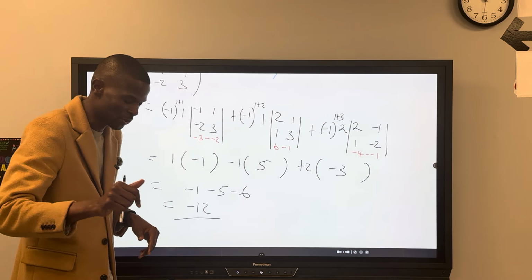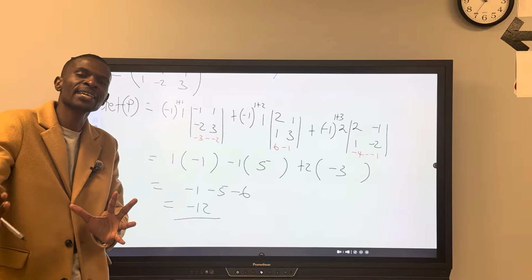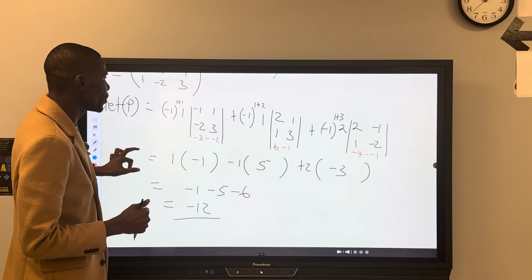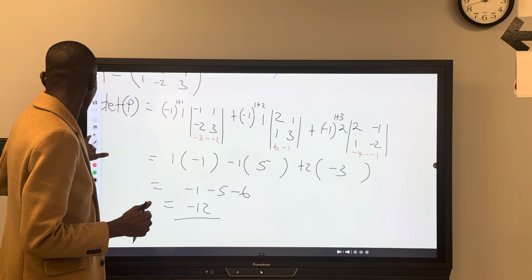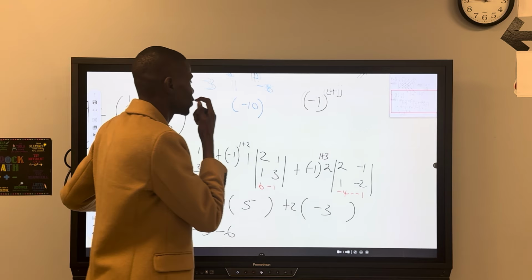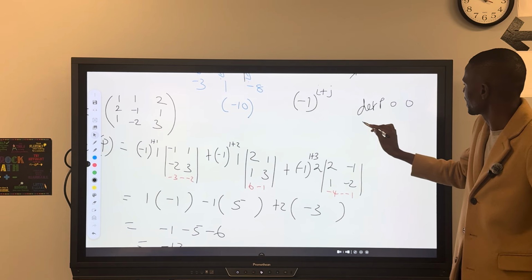Like what I promised you earlier, I am going to use the other method where I will multiply the matrix by its adjoint. So when you multiply the matrix by its adjoint, the result should be of this form. Determinant of P, then all other elements are 0.